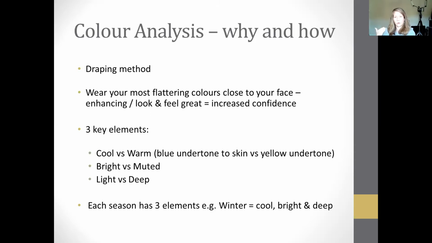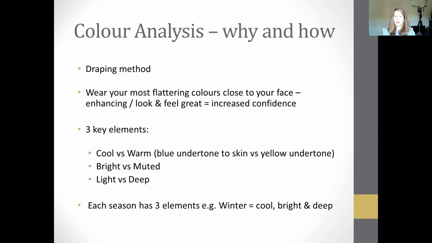So for example, your hair colour, your eye colour, your eyebrow colour, all very similar in tone. And then light versus deep. So again, the two ends of the spectrum, at one end you've got light and at the other end you've got deep. So for each season, there are three elements.